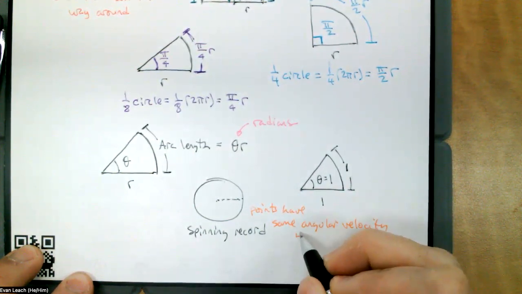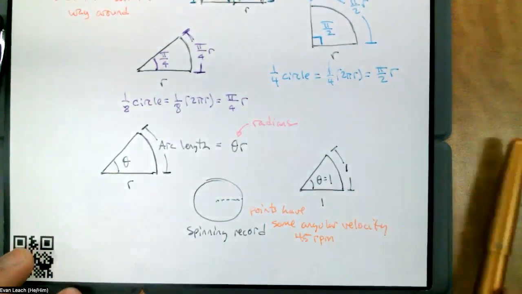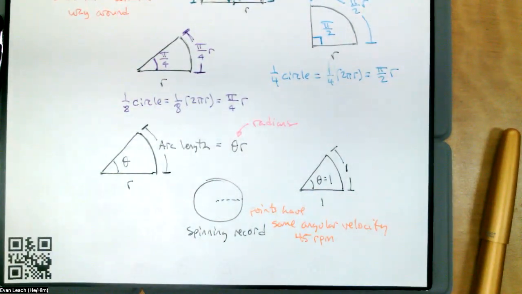So 45 revolutions per minute. So in 1 minute, this record will go around 45 times. There's also 33 and there's also like 78. But not all the points are moving at the same linear velocity.